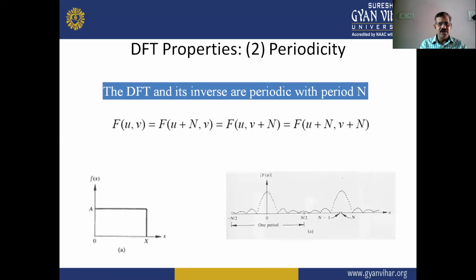So F(u,v) equals F(u plus n, v) equals F(u, v plus n) equals F(u plus n, v plus n). So this is the second property of the DFT, and we can also represent this by the graphical representation shown in these two figures.